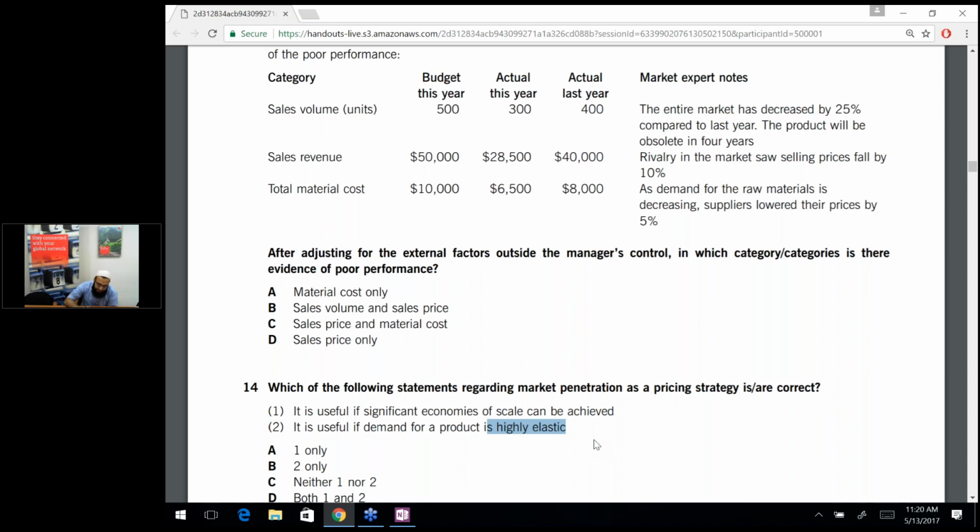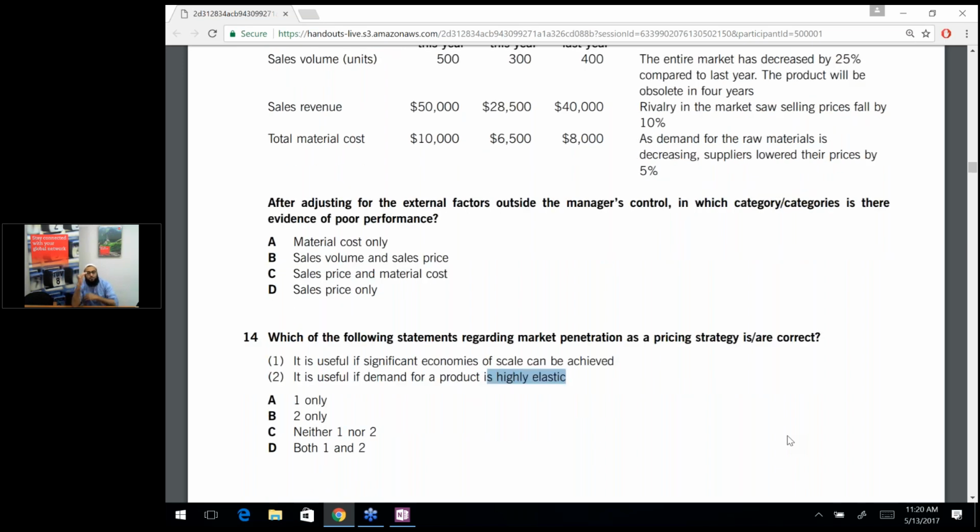So the answer is yes. What is elastic demand? Elastic demand means a small change in price will bring a huge impact on demand. Price reduces, demand increases.